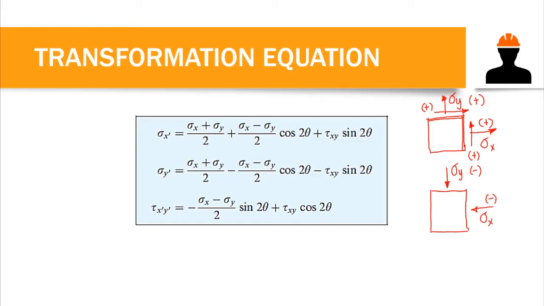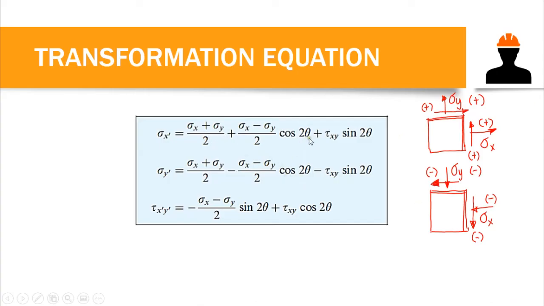Now, for the shear stress, if we have our shear force acting in this direction, or towards the negative x-axis on the positive face of our stress element, then this is negative. Okay? Now, if at this positive y face it's acting downward, that is negative shear stress. So this would be our sign convention for the normal and shear stresses.